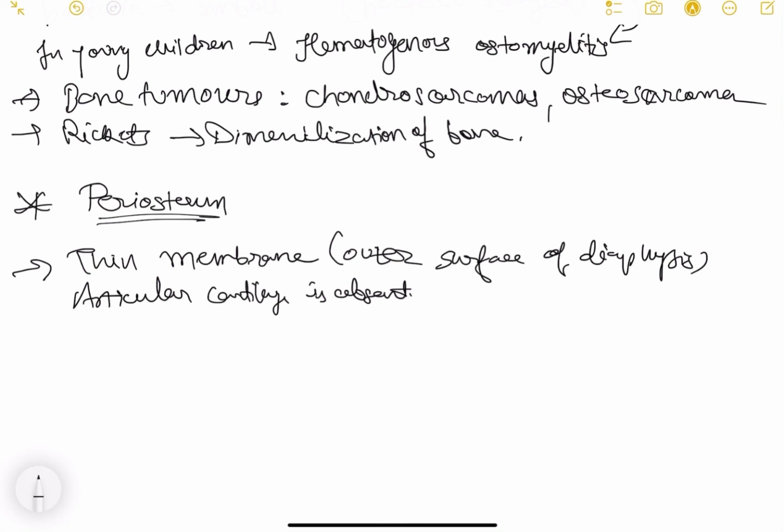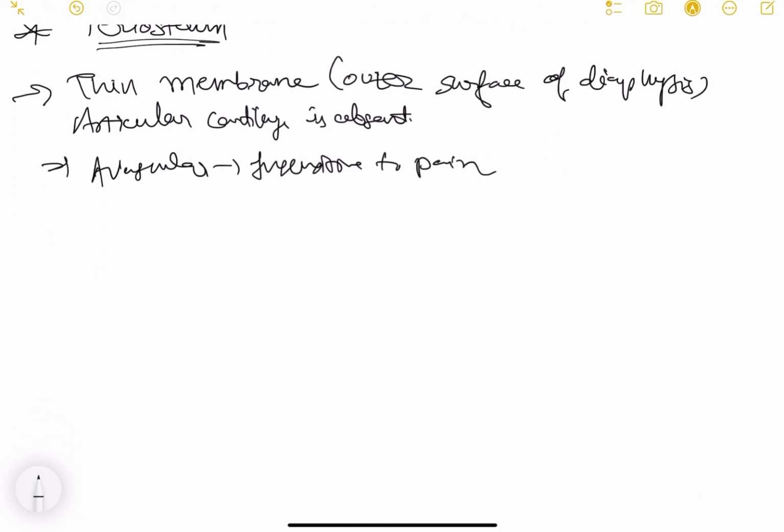So there will be no sensory, and it is avascular, so insensitive to pain. Also it has osteoblasts, bone forming cells, and osteoclasts, that is bone destroying cells.